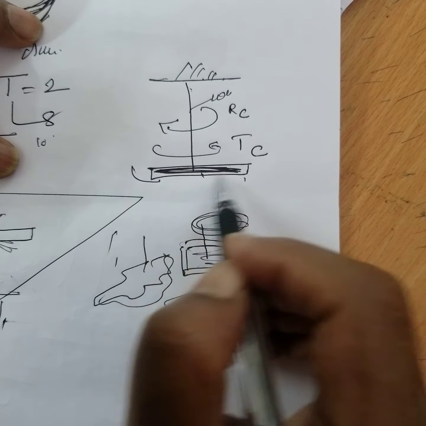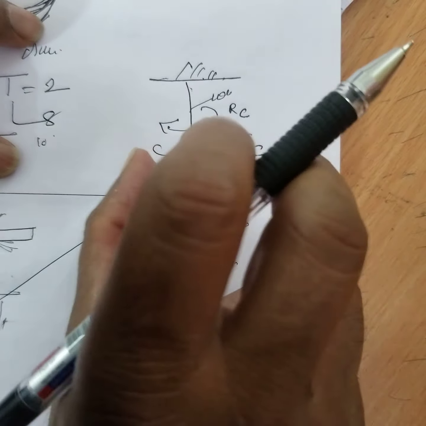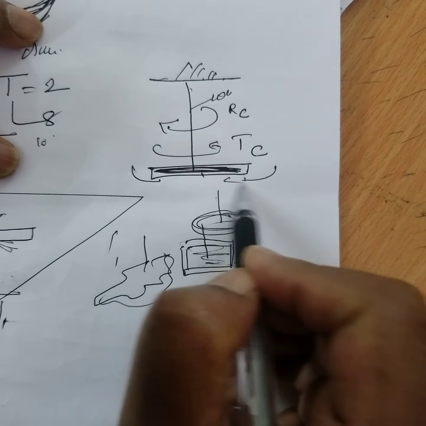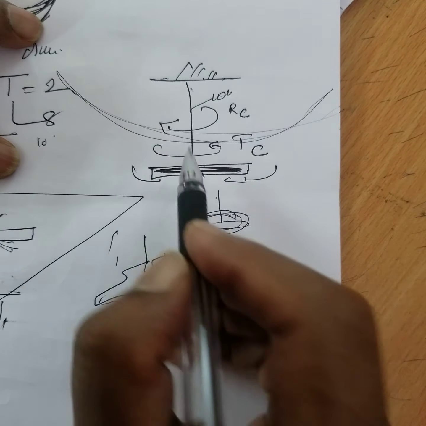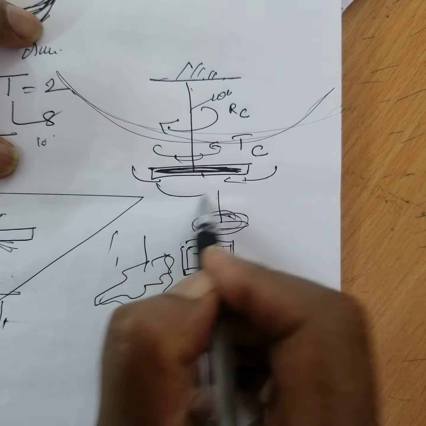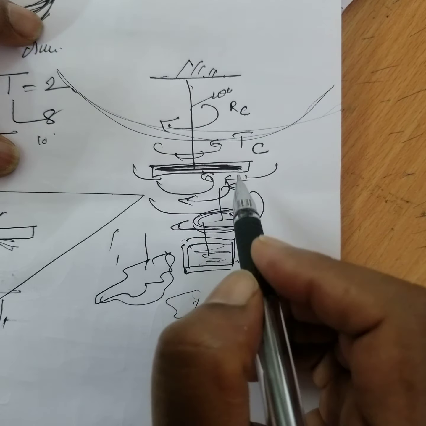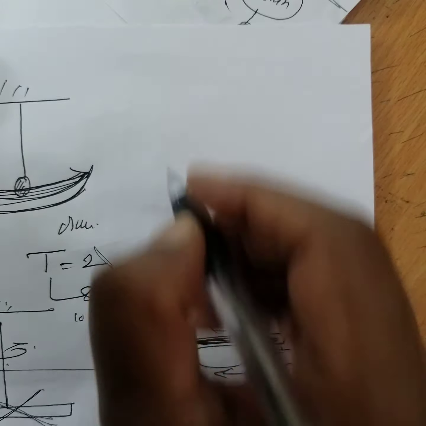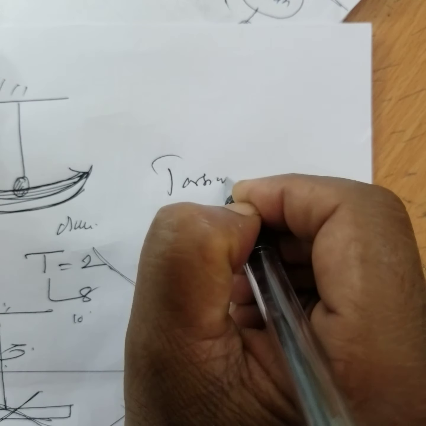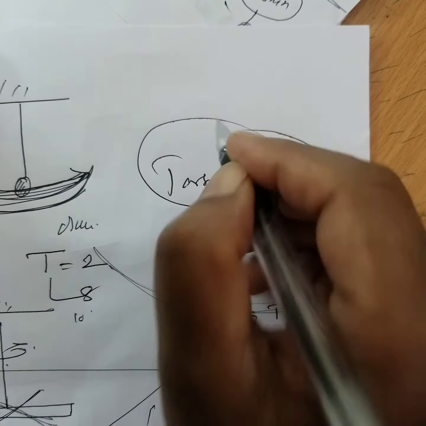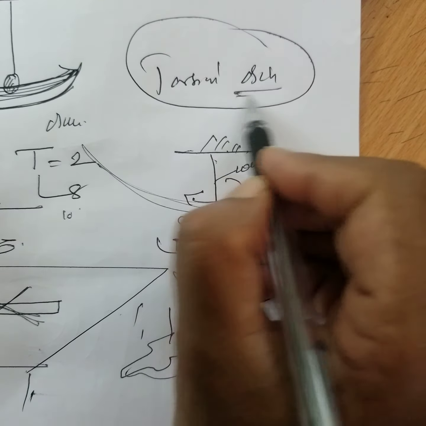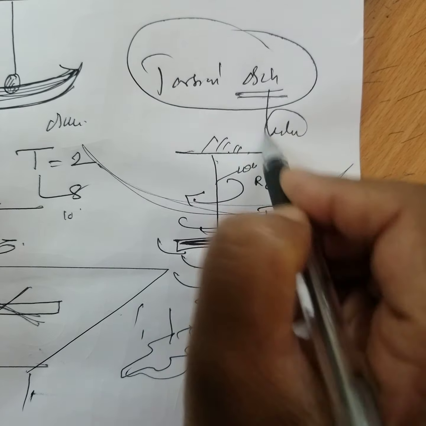What will happen? It will start executing to and fro motion, to motion and fro motion, like this. This type of motion is called torsional oscillation. Therefore, we are studying torsional oscillation. Here, torsional oscillation is also called vibration.